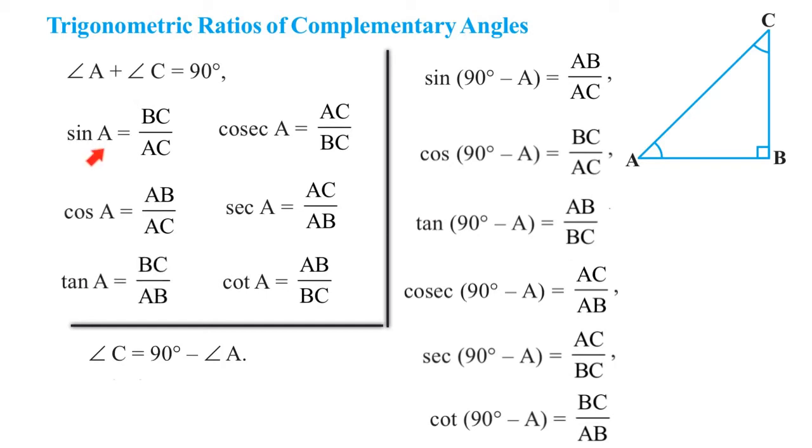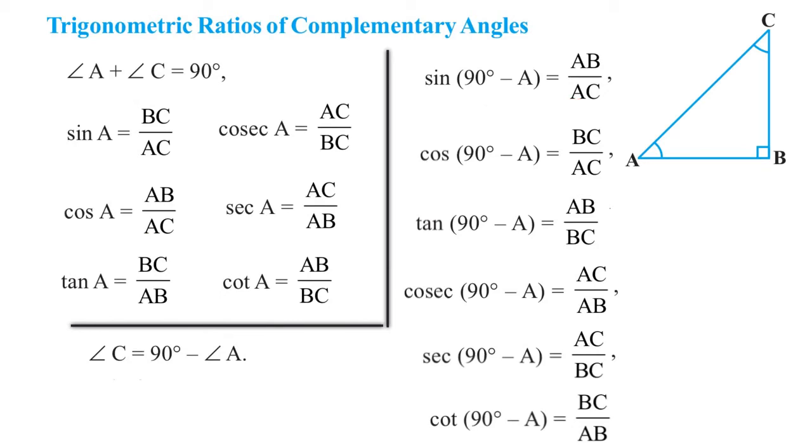Sine A is BC over AC. Cosine 90 minus A is also BC over AC. So can I say sine A is equal to cosine 90 minus A? Of course I can. Observe again. Cosine A is AB over AC. Sine 90 minus A is also AB over AC.